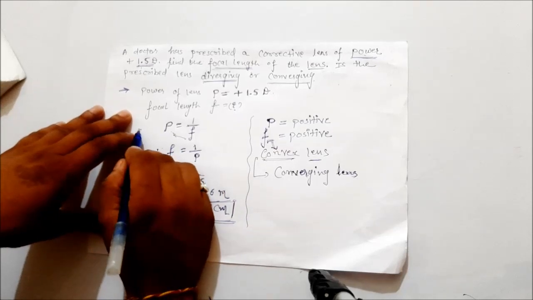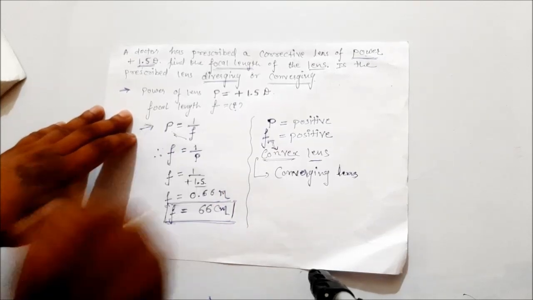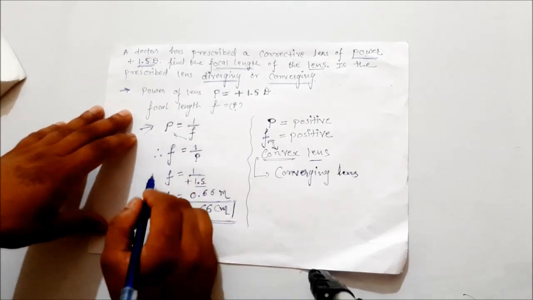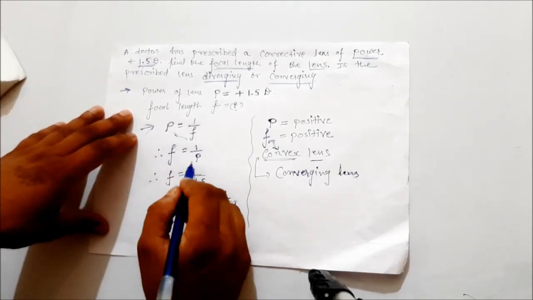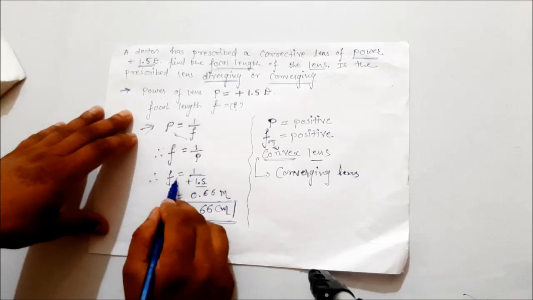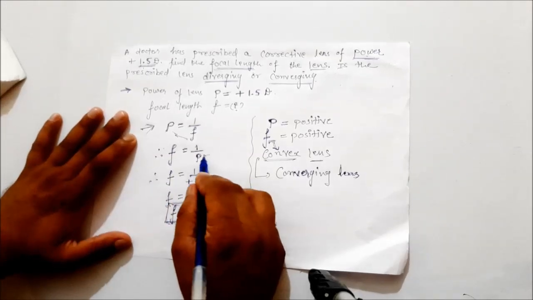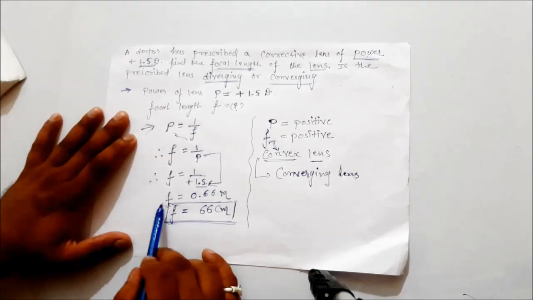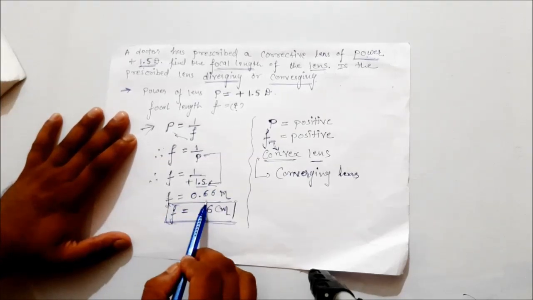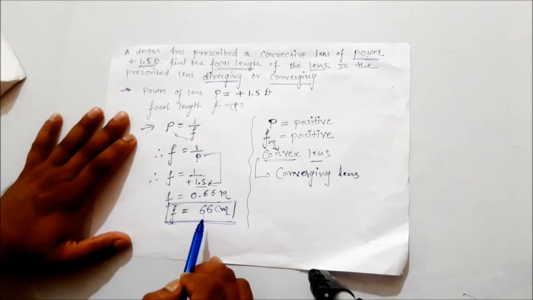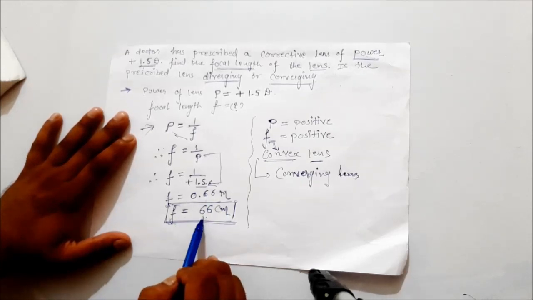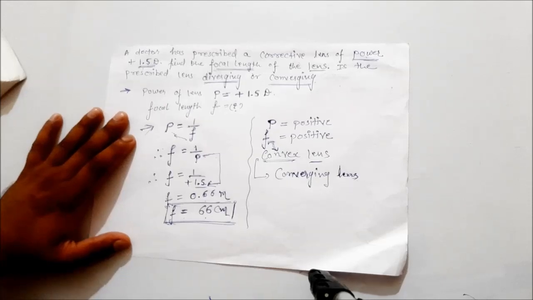We put the formula, power of lens P is equal to 1 by F, and making F the subject we get F is equal to 1 by P. That results in 0.66 meter, which we can convert into centimeters, so focal length F is equal to 66 centimeter.